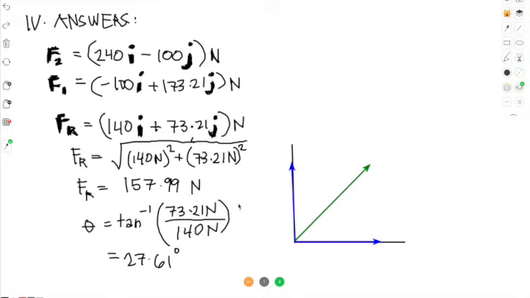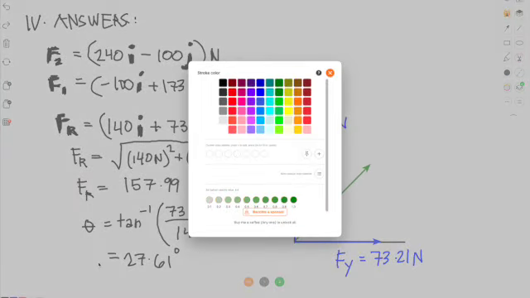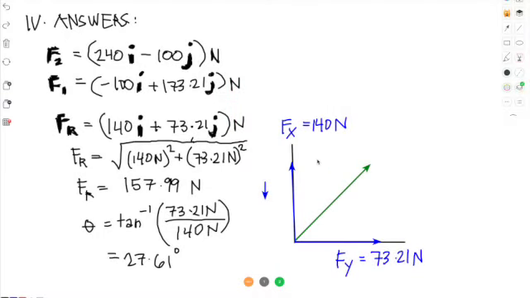So let us write down the values. Here Fx is equal to 140 newtons, Fy is equal to 73.21 newtons. This is the resultant force, which we've solved as 157.99 newtons.